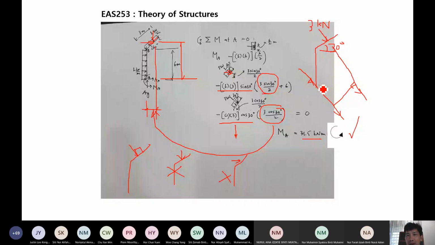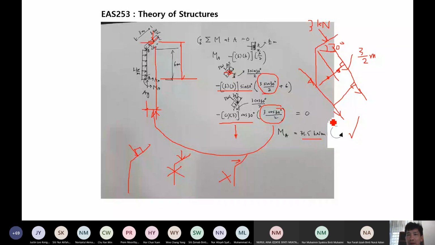And how to find this? You need to find this plus this. This one we know is, if this is 3, divided by 2, so this one is 3 over 2. Next, you need to find this.